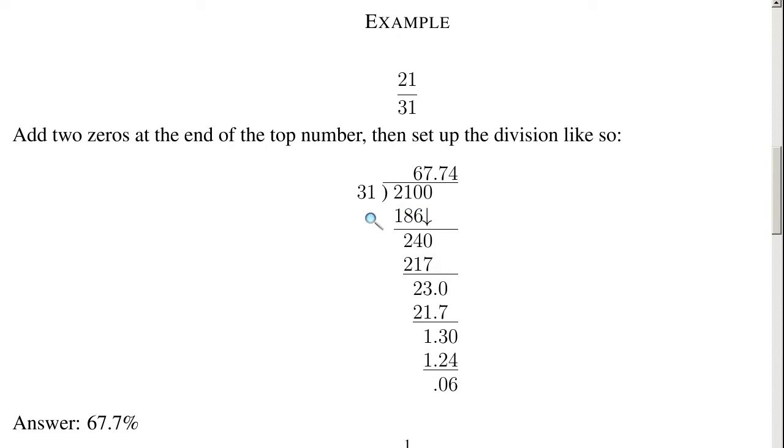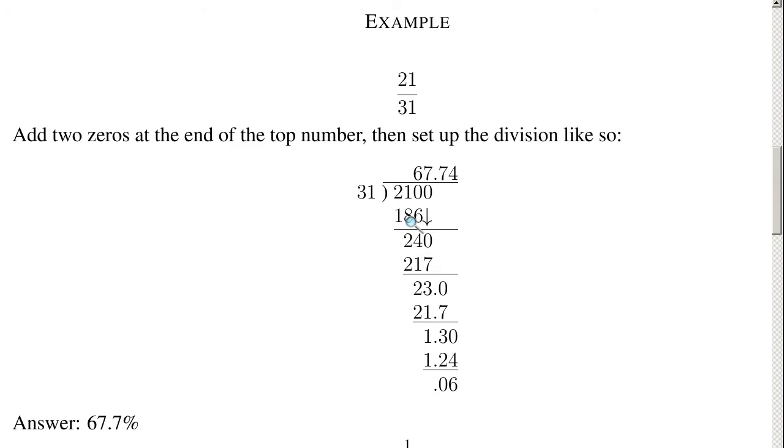The problem is, if we go 31 times 7, we'll get 217, which is bigger than 210. So we have to use the number that's less than it. Instead of using 7, we use 6. So we write a 6 up here, right above the first 0 here. And we go 31 times 6 is 186.